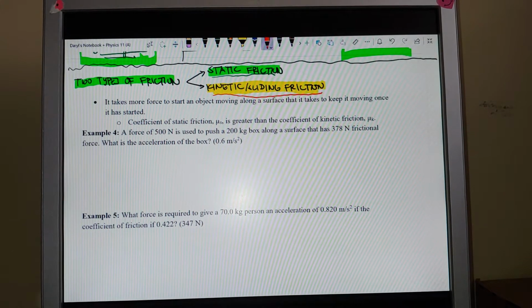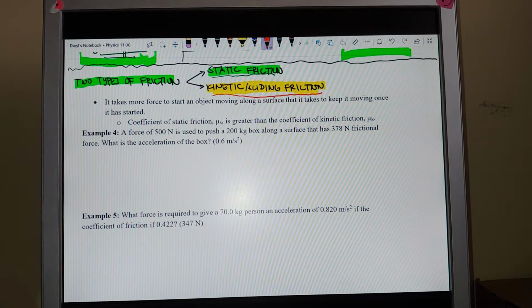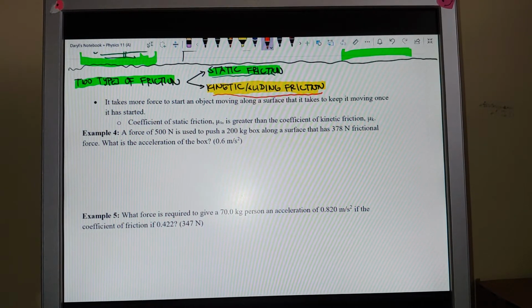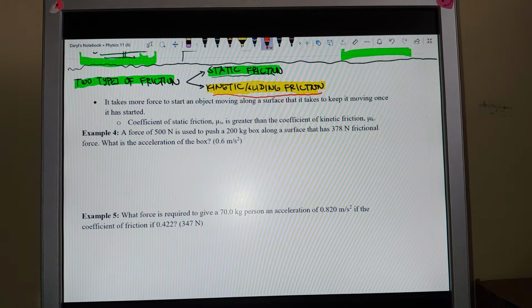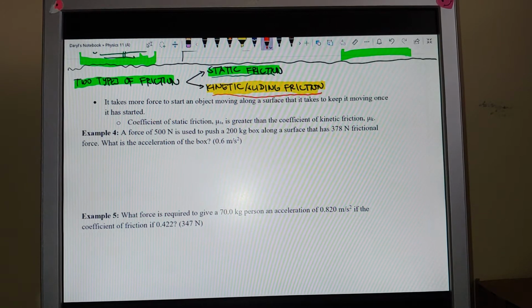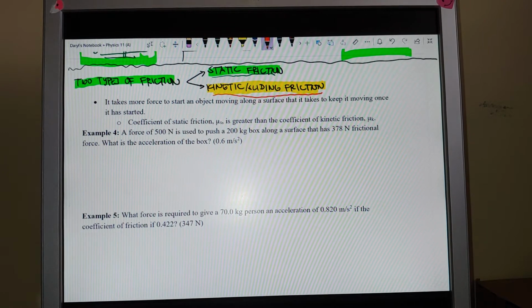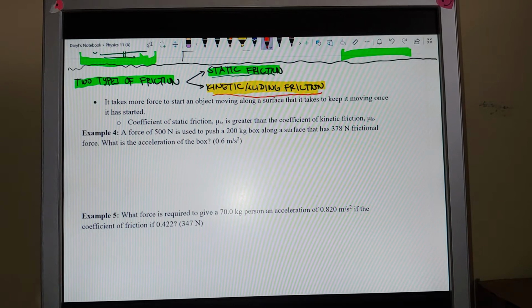The other type of friction is kinetic friction. Once you overcome the static friction and you can move the object, even though it's moving, there's what we call a kinetic or sliding friction that exists between the object and the surface.